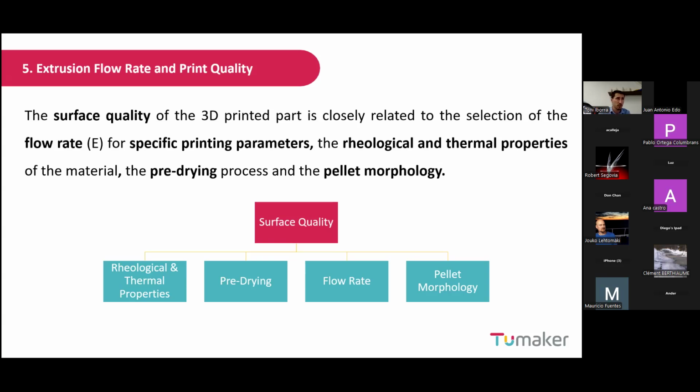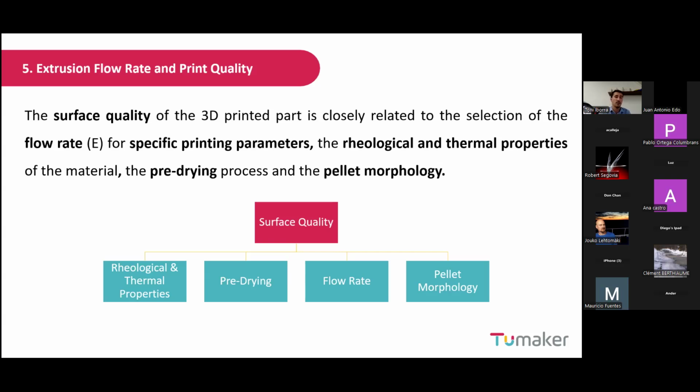We have done some tests with ceramic powder from Colfeed4Print. I think Pablo is going to talk about this later, but we were able to process this material. Actually, it was a PLA polymeric matrix loaded with aluminum oxide. We have also done some work with zinc oxide ceramic material, and we got very consistent and very detailed structures. And finally, the flow rate.